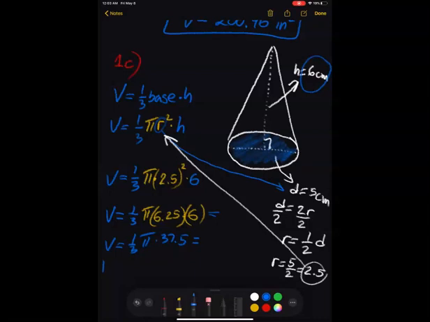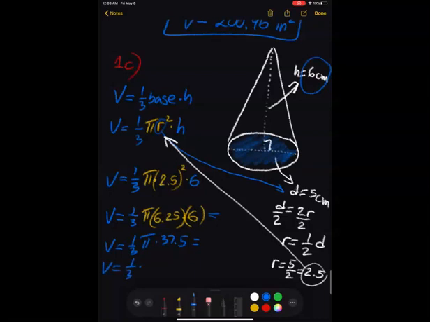Let's break this out. So 1/3 times 3.14, that's our pi, times 37.5. Let's put parentheses around this, and let's multiply all of these through.